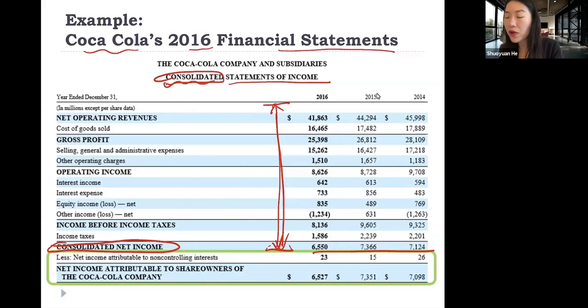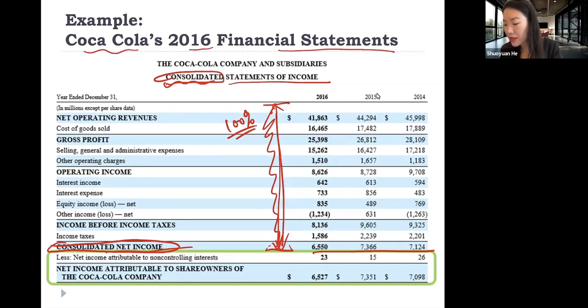But when Coca-Cola is doing the consolidation, up until consolidated net income, as long as Coca-Cola has control over the subsidiary, it is always 100% consolidation. No matter whether Coca-Cola owns 100%, 70%, 80%, 60%, it is always 100% consolidation.